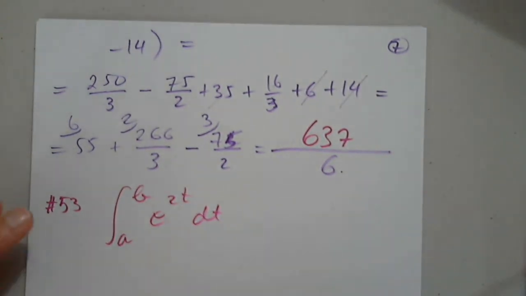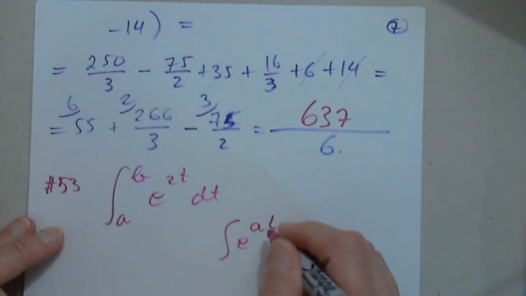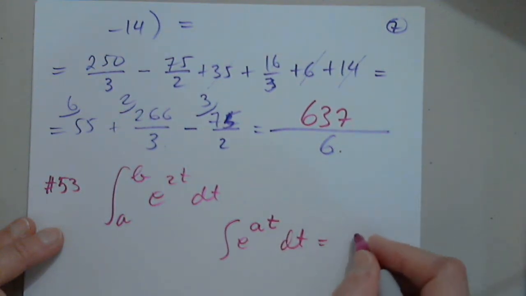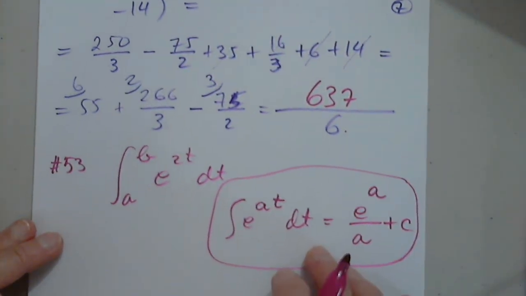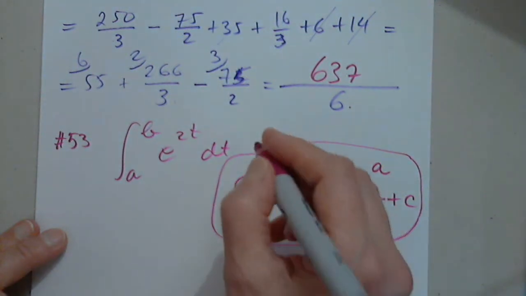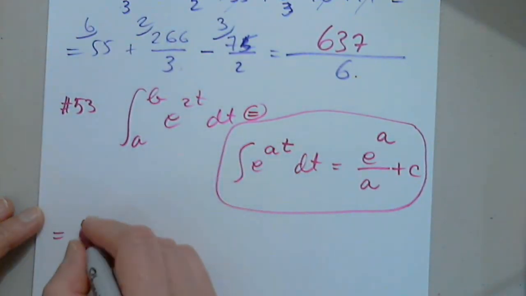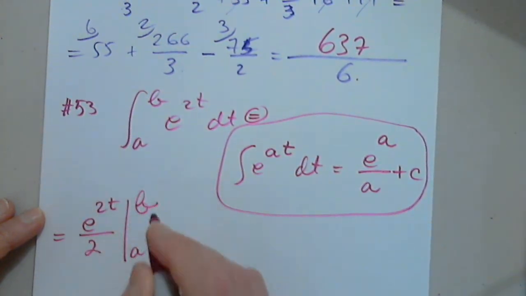Okay, so remember what we said, that the integral of e to the a t dt is e to the a t over a plus a constant C. But that's for indefinite. This is the general thing. So now I know the antiderivative of this, which will be e to the 2t over 2 from a to b.